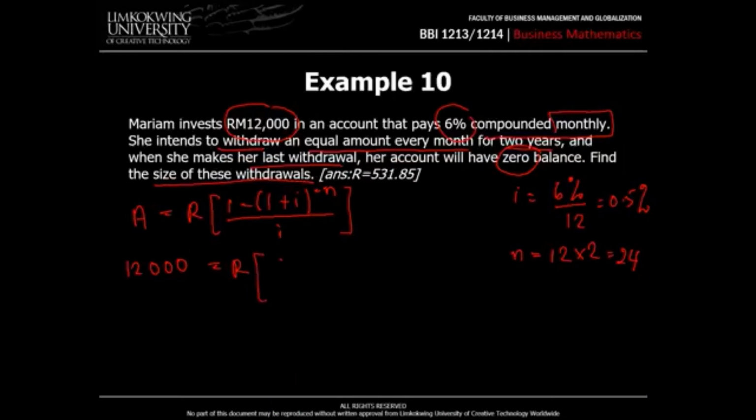Okay, 1 minus 1 plus i, which is 0.5%, n is 24, divide by 0.5%. Okay, so now what is the value of R?